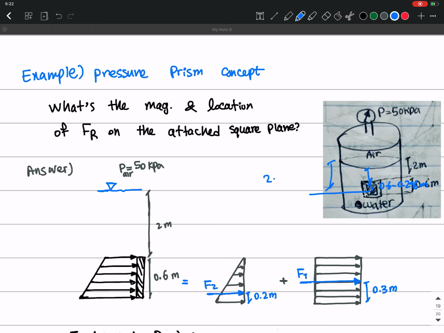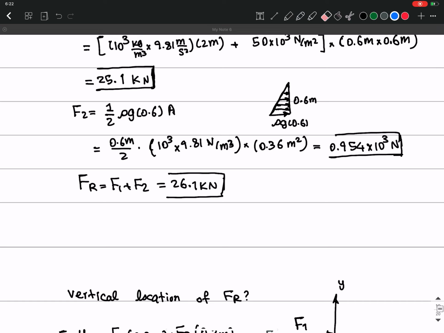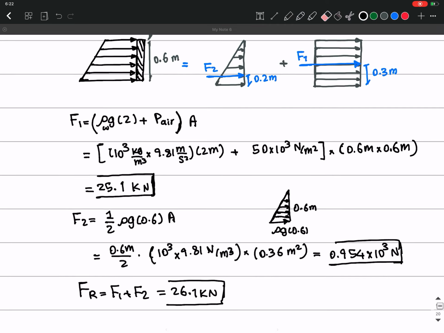Let me just calculate it. It's going to be 0.304 meter from the free surface level. Okay, so this is going to be the location of that, and the magnitude of it is going to be through this F1 plus F2.